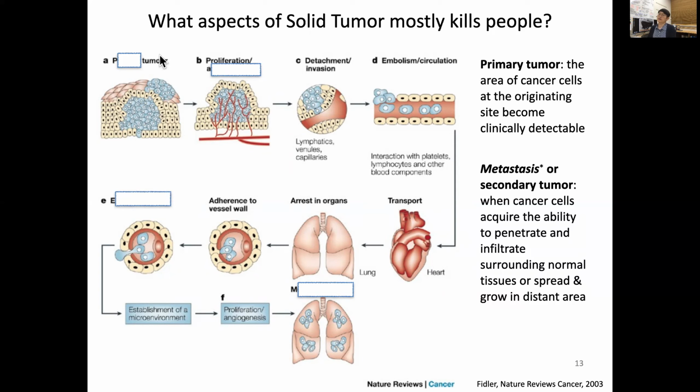So look at this cartoon. Let's say some cells turned their proliferation program into a tumorous form that we call a primary tumor.